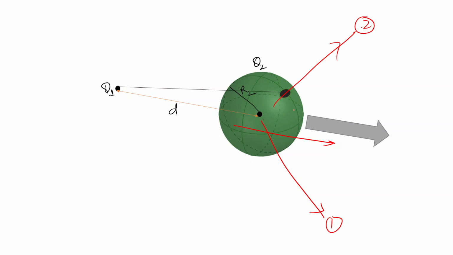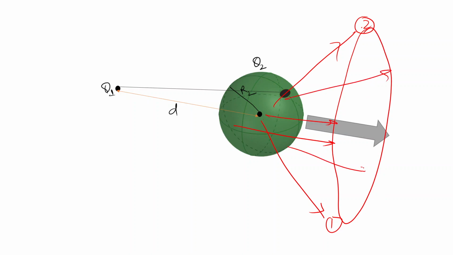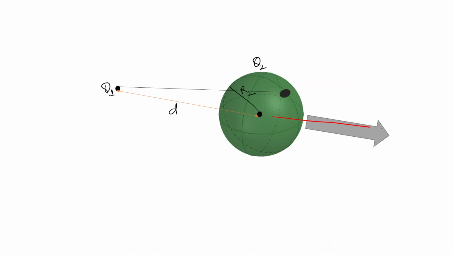Not only this 2, there's this whole circular ring you can make here, and all these directions are equivalent. So the only unique direction in which we can have this repulsive force is this one. So because of symmetry, the electrostatic force of repulsion is along this direction. If you calculate the force of repulsion on each element, you should take this component only, and you can leave this component.